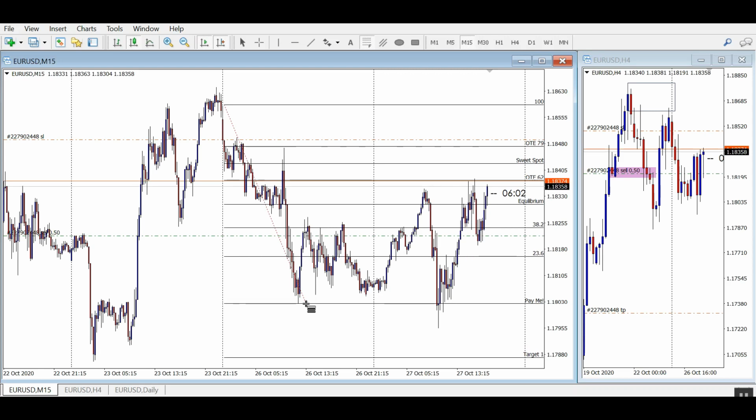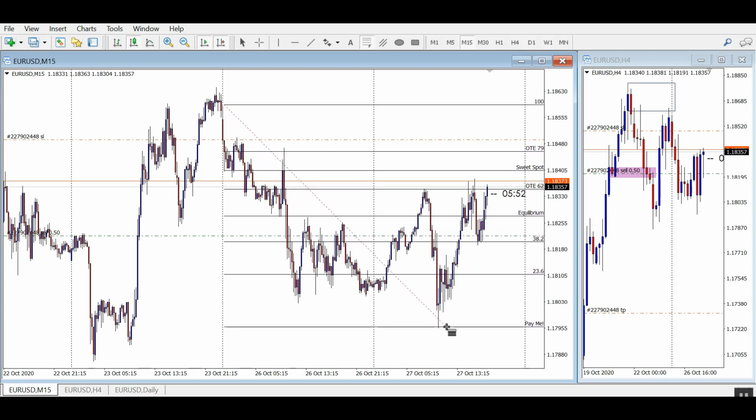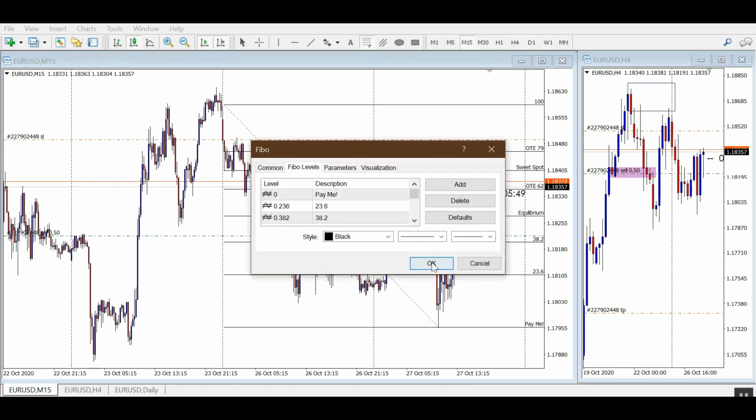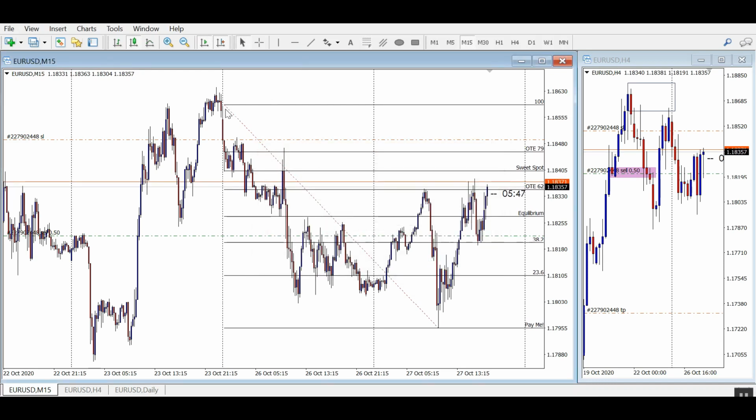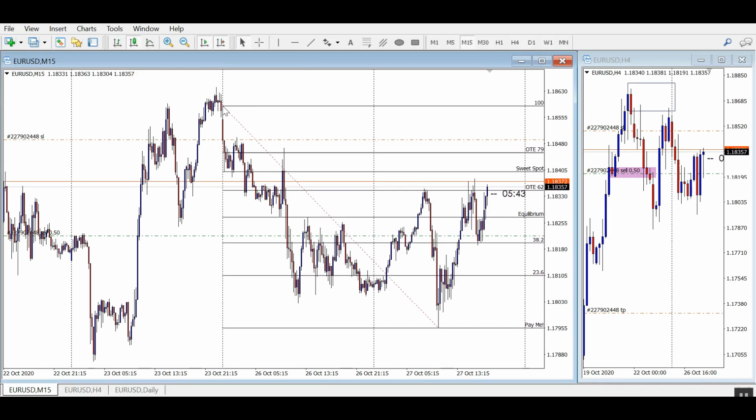If the current day has actually gone lower than the previous day's low, then I'm going to draw my fib all the way to that lowest point, which is this low in here. And I'm just going here because this is the highest point of the previous day.